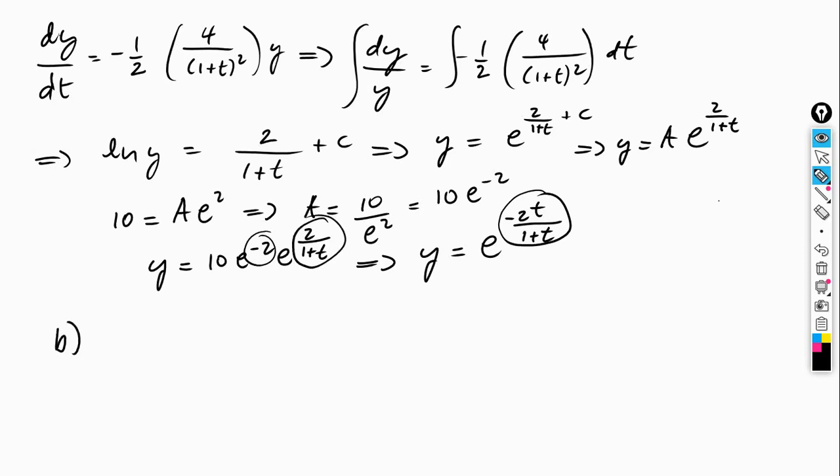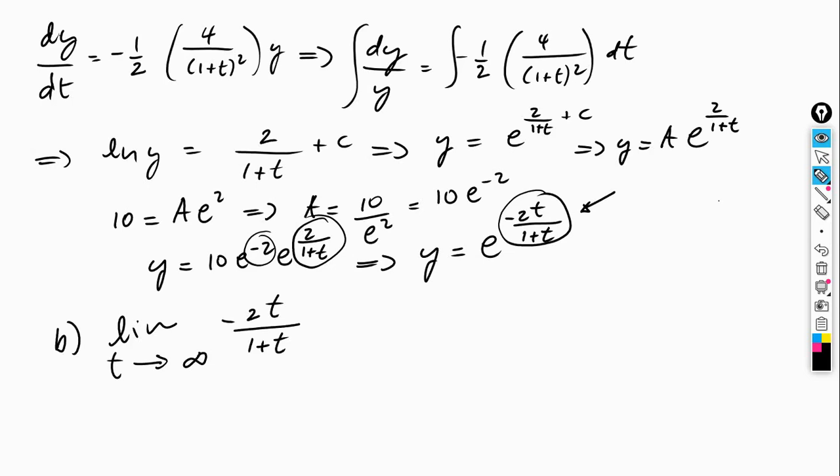So for part B, what is the limit as t becomes infinite? So really what we need to look at is the exponent part. So what happens to the expression minus 2t over 1 plus t as t approaches infinity?